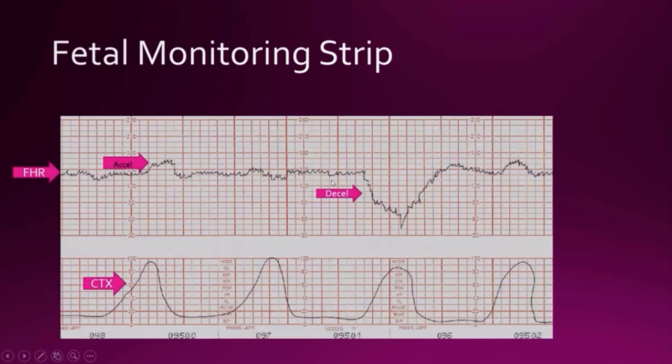If we look at just this section, I would say that my fetal heart rate is 140 to 150, which is within the normal range of 110 to 160. And because I've got 10 beats of change in the heart rate, I have moderate variability. So my heart rate is 140 to 150 with moderate variability.